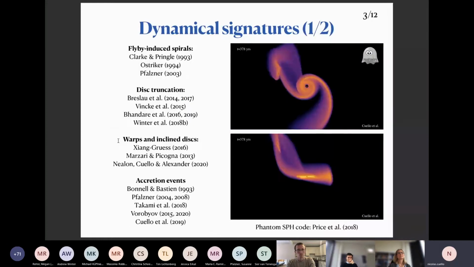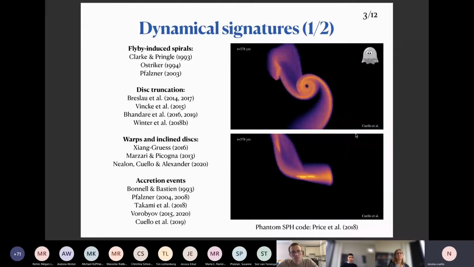So for the dynamical signatures, I'm going to go very quickly here. We have spirals, as one should expect. Here I'm showing an example on the right. This is a face-on view of an encounter. It's a prograde and inclined encounter, so you can see two prominent spirals. You see here in the edge-on view that this is highly non-coplanar.